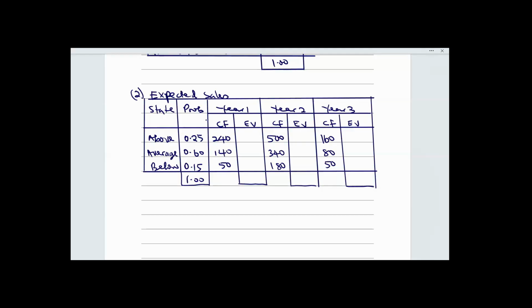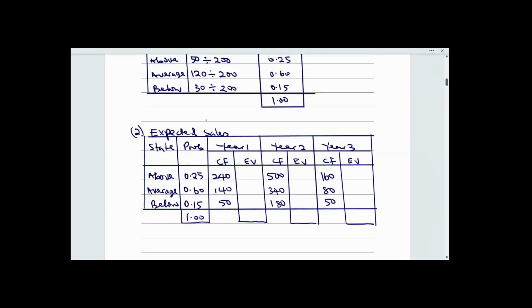Now get the expected value. Remember, we said that expected value is denoted as X bar. Our X bar is equal to the summation of probability times X. That is, you multiply probability with the cash flow.